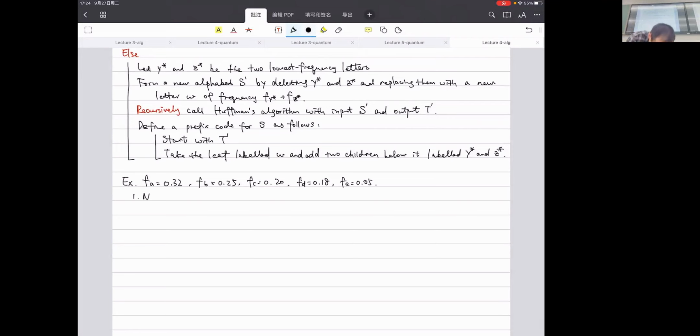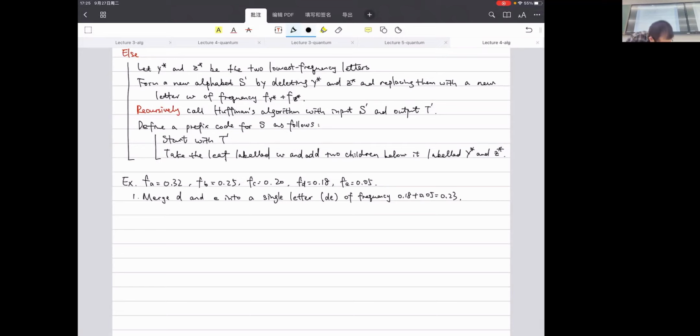The first step is that we merge D and E into a single letter. We write it in brackets to represent that it is a meta letter of frequency 0.18 plus 0.05 equals 0.23.